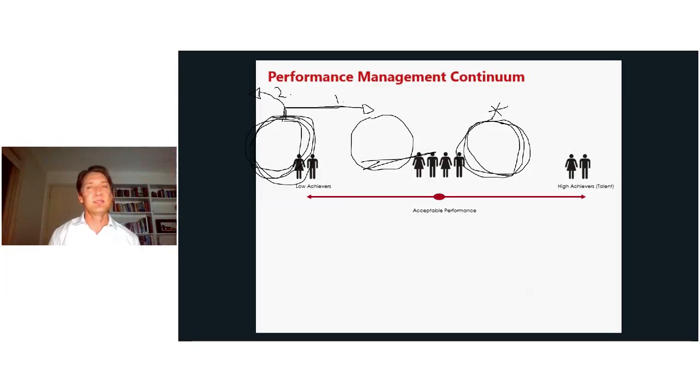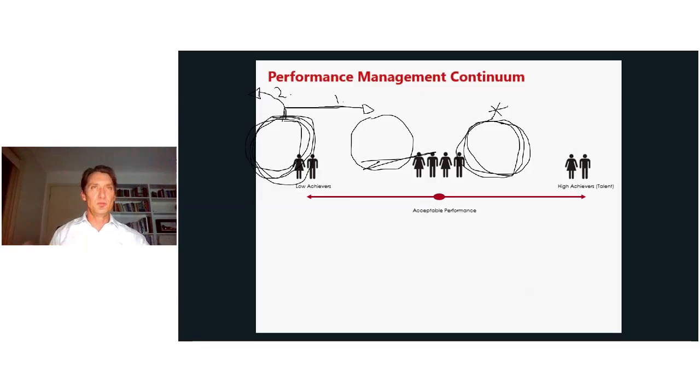Now, what we know as managers intuitively is that at any single point in time, a good manager would be able to plot their staff members. So, for the people who are watching this presentation, and Tim, I know you're online here, if you manage a team of 5 or 6 people, you'd be able to say, I reckon I've got 3 people at the high end, a couple at the low end, and a few in the middle. And you should know that intuitively at any point in time.